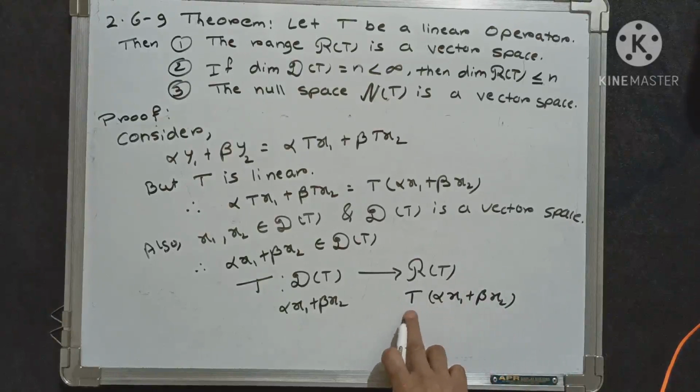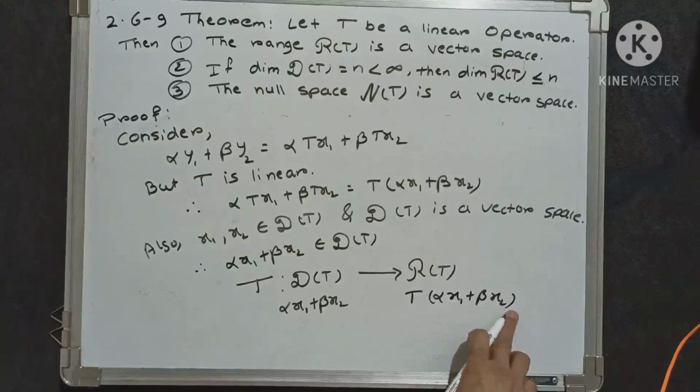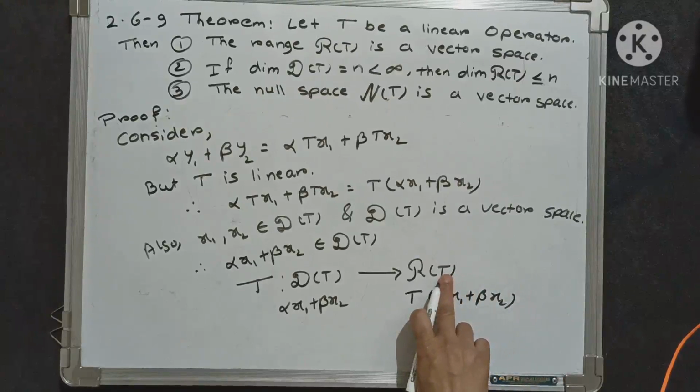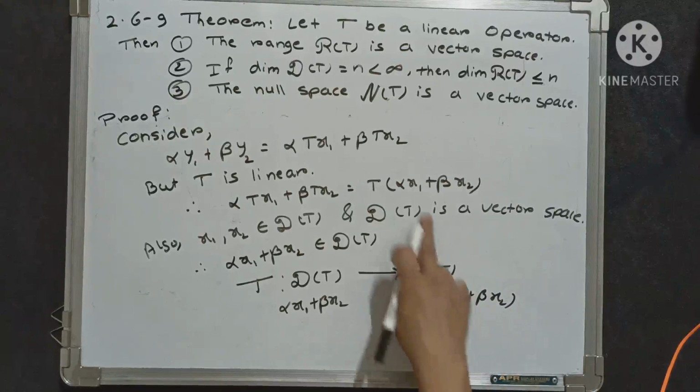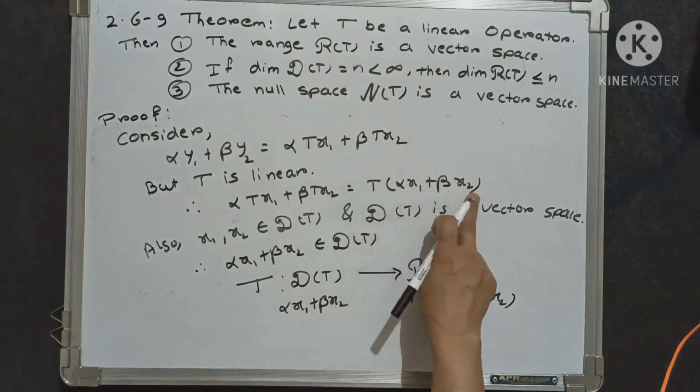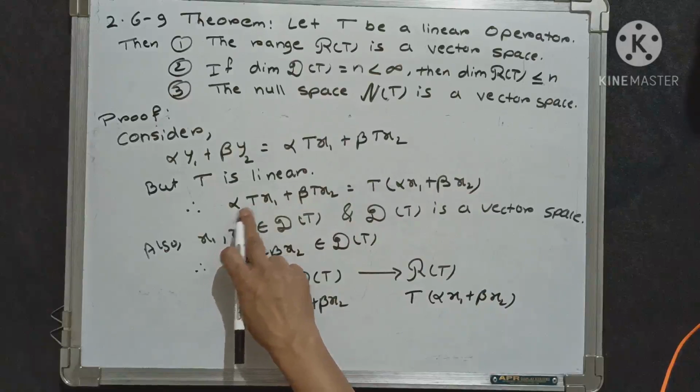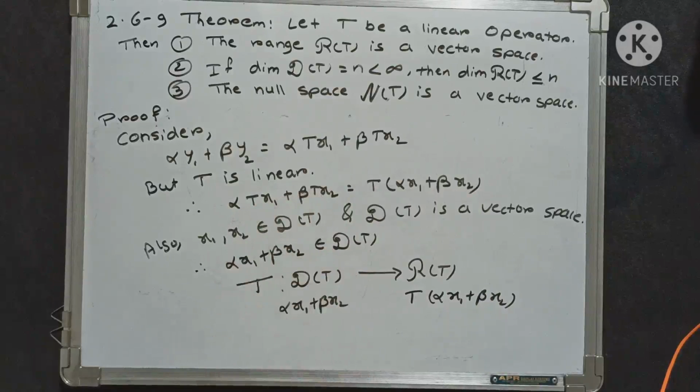But T of alpha x1 plus beta x2 is nothing but alpha Tx1 plus beta Tx2.